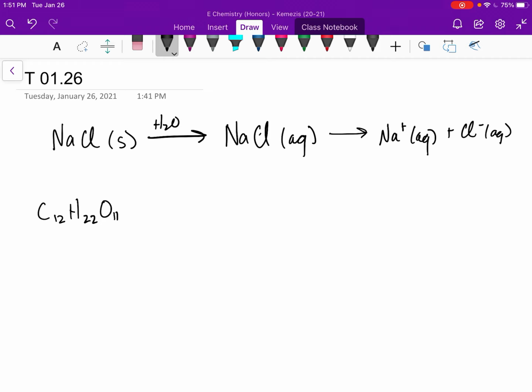Here's a little bit more information. Does anybody know the general class of sucrose? What do we call those molecules? Carbohydrates. Okay? What do you hear in carbohydrate? Carbon.